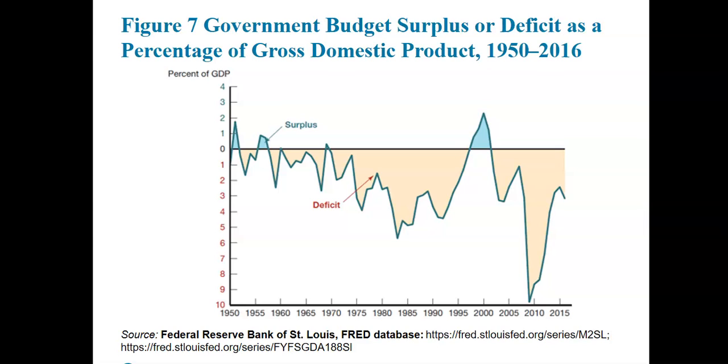The last time we had a large budget surplus here in the United States was during Bill Clinton's presidency. So Bill Clinton left his presidency with a surplus and we've had a deficit since then.